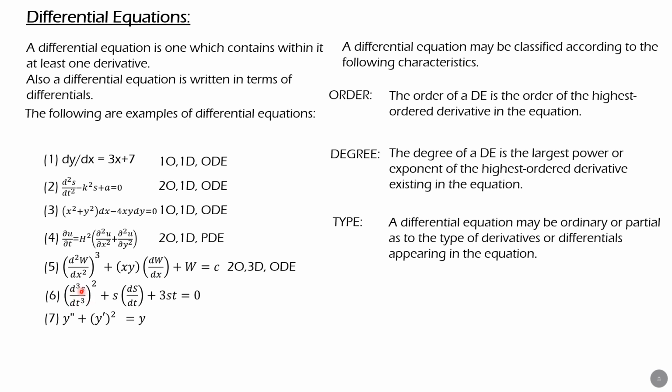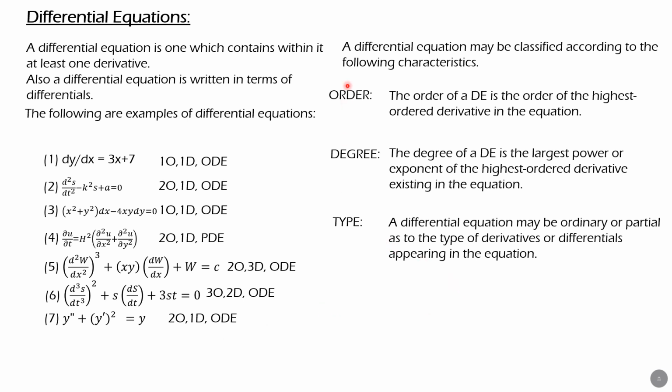This is third order because we have the third derivative of s with respect to t, and since this is the highest order derivative and its exponent is 2, it is third order, second degree, ordinary differential equation. And the last one is second order. We have the second derivative and its exponent is 1. Therefore, it is first degree and an ordinary differential equation.